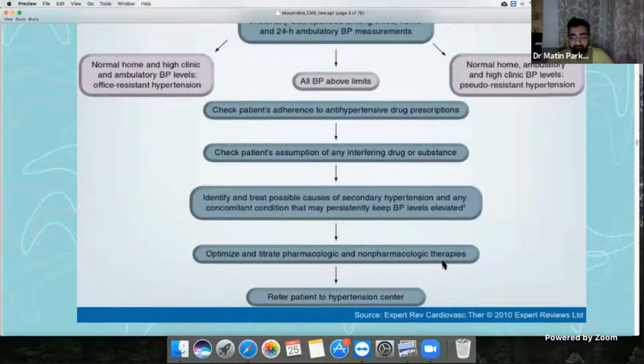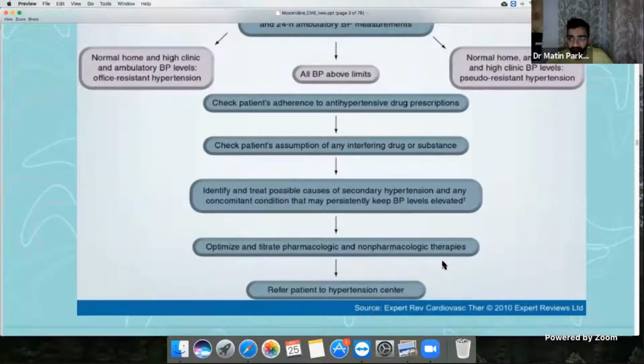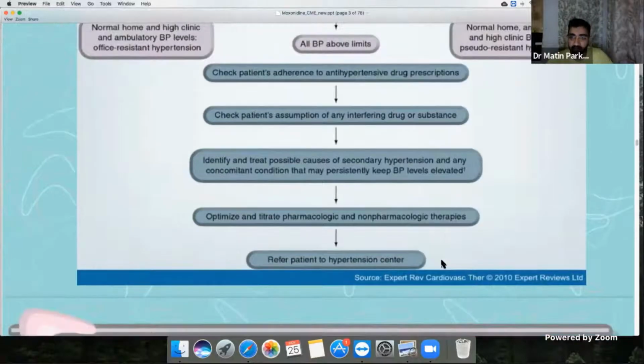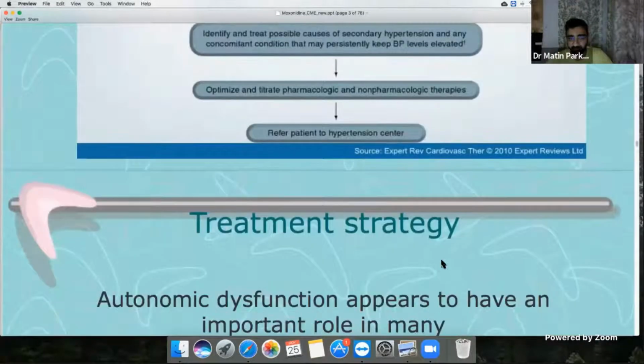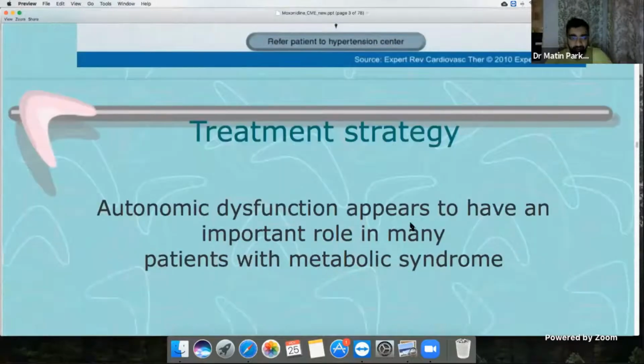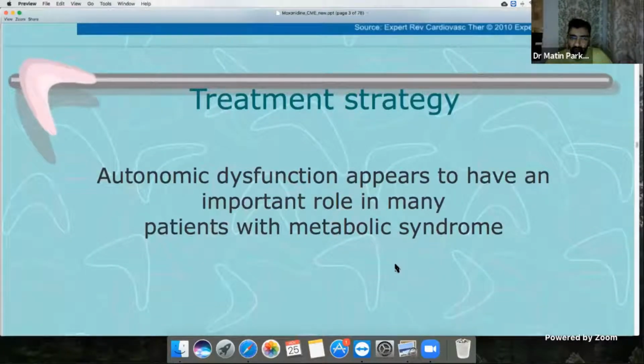And then if all 3 to 4 drugs are used, ACE inhibitor, ARB, beta blocker, calcium channel blocker, diuretic, and still the blood pressure remains higher, then it is labeled as resistant hypertension. So usually there is an autonomic dysfunction in these patients.